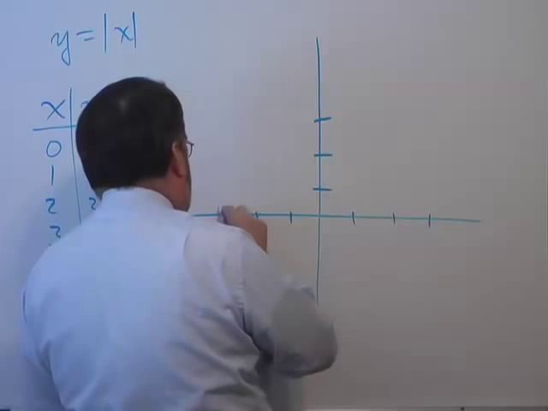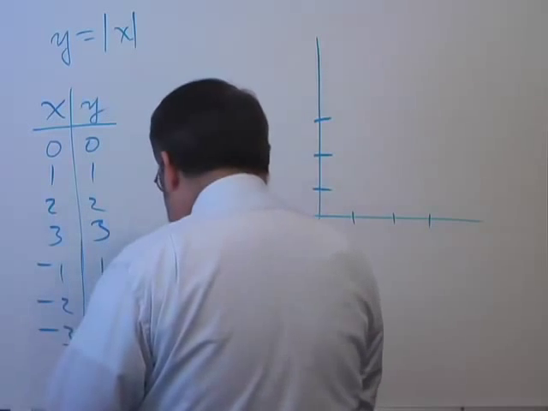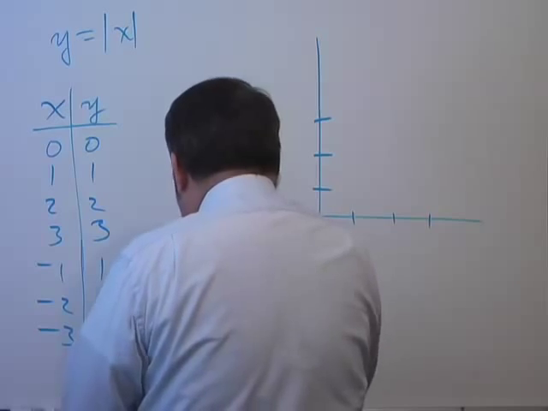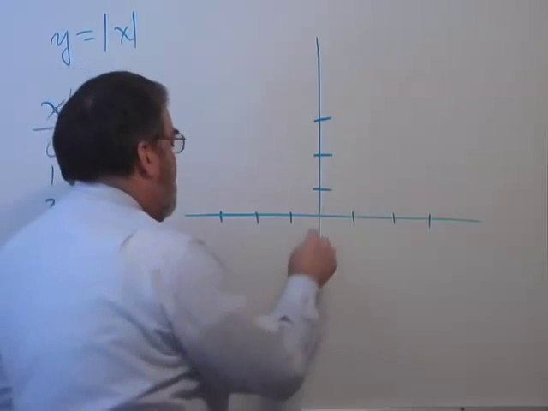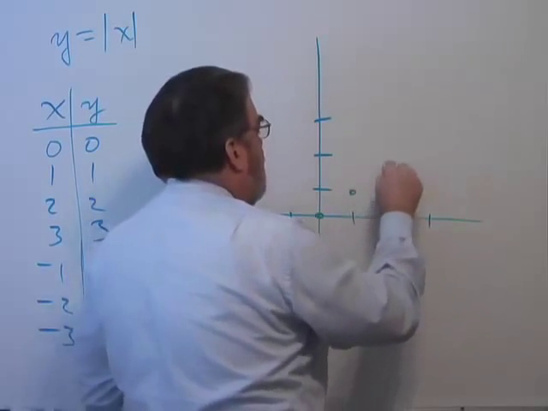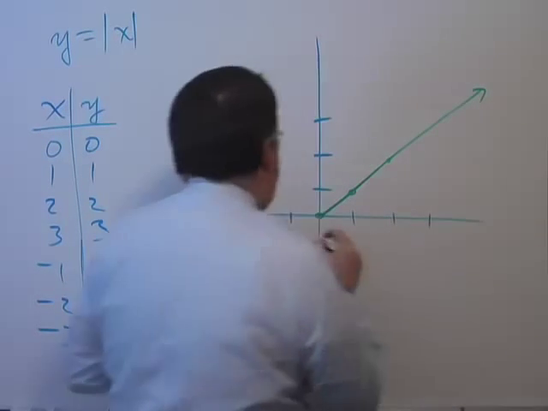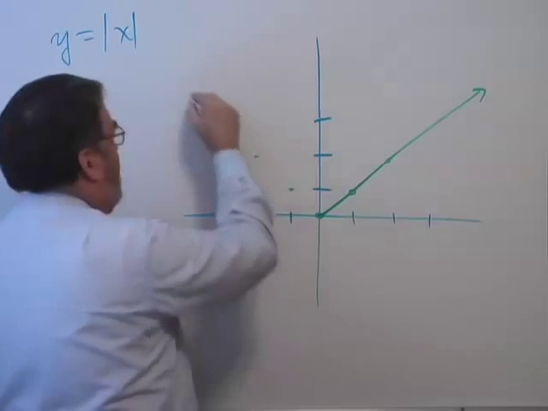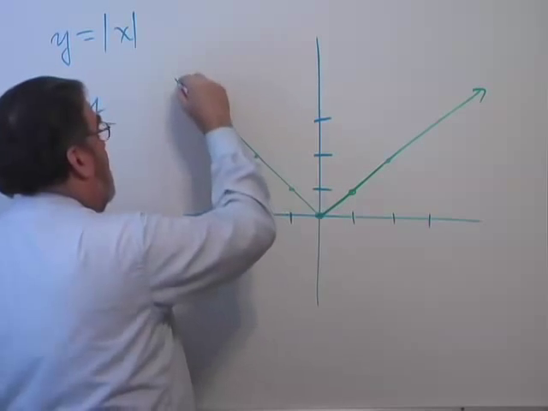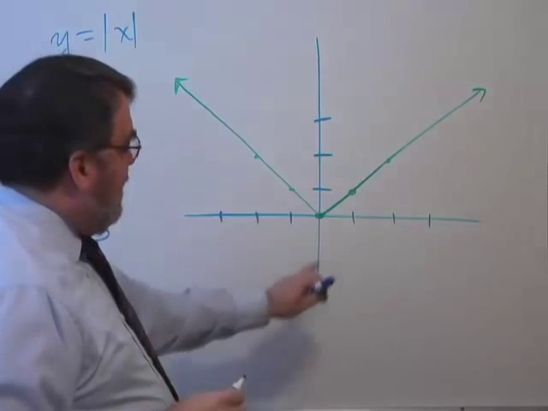Alright, so this, if you plot it out, I'll do this one in green. Well, it's going to run this way and run this way. So it's a little jagged right here.